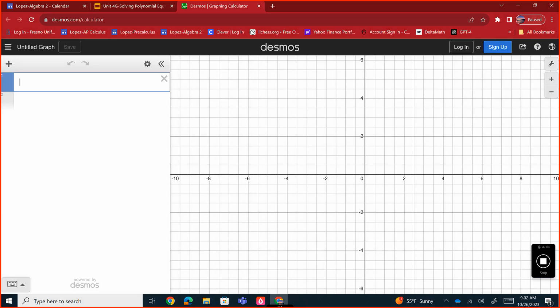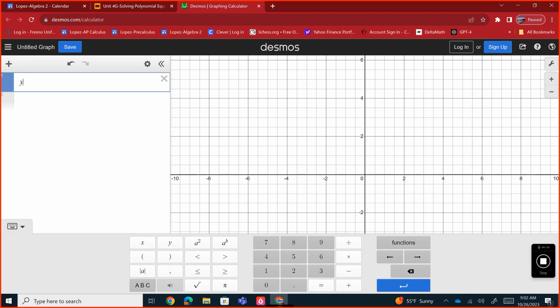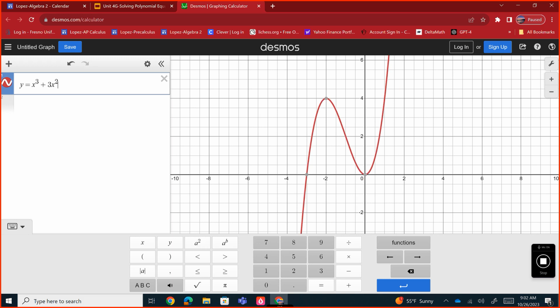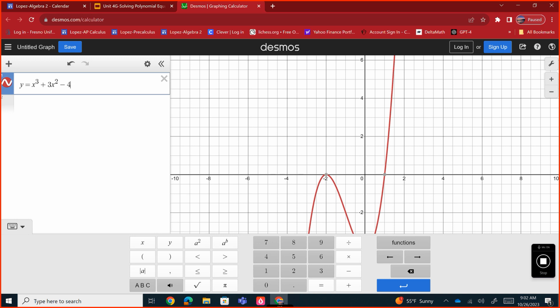Y equals x cubed plus 3x squared minus 4x minus 12.